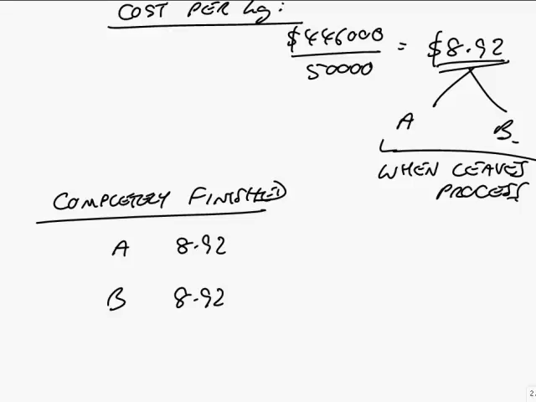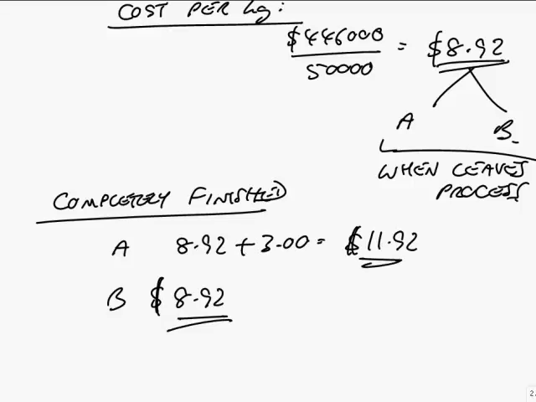So product B has a final cost of 8.92. Product A, though, it came out at 8.92, but for some reason A alone needs an extra $3 spent. And so, when it's completely finished, each kilo would have a value of 11.92.